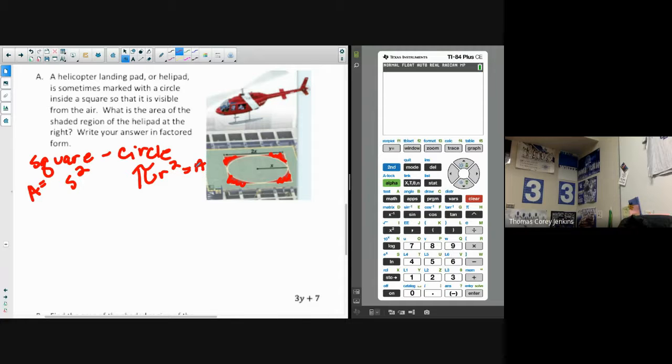All right, so let's go ahead and sub in what we have here. The area of the square is just going to be 2x times 2x, which will give me 4x squared.